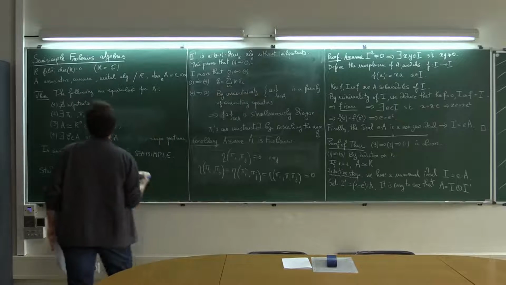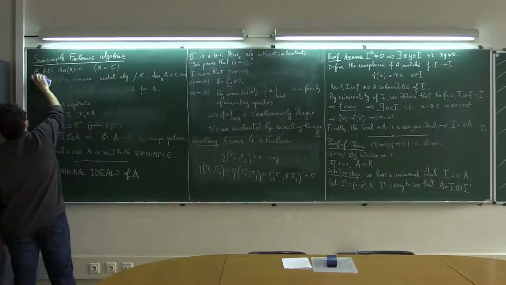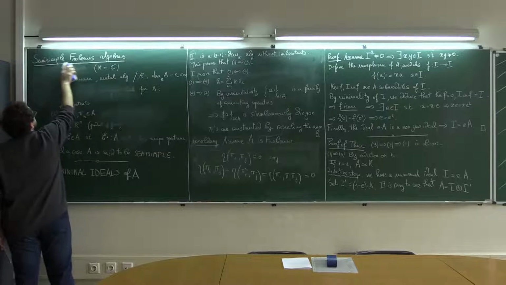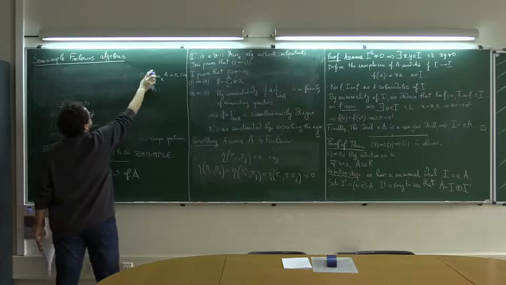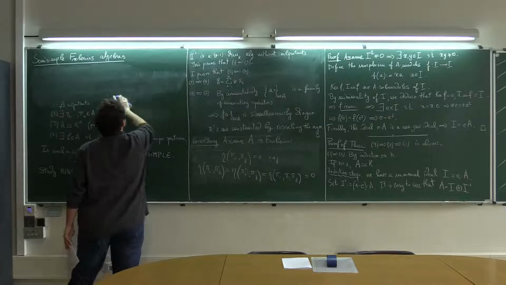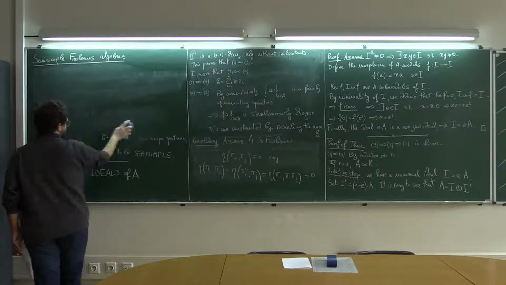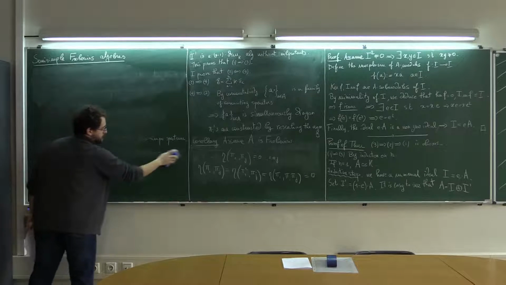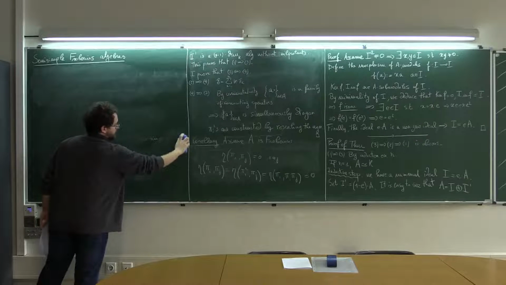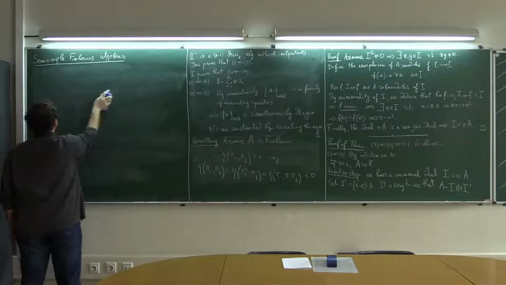So on semisimple Frobenius algebras, we have a basis of orthogonal idempotents. And as I already said before, the unit of the algebra equals the sum of its idempotents.